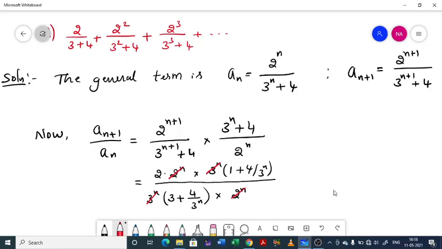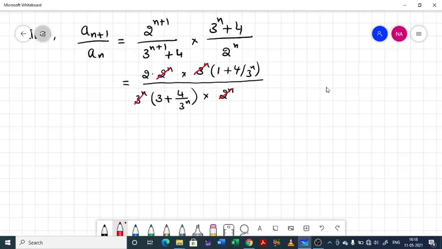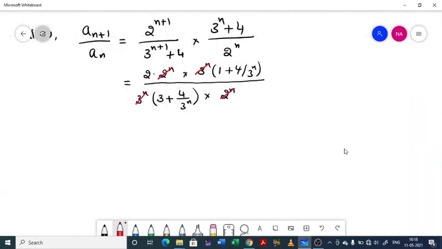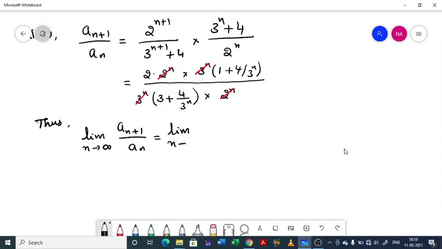Now take limit as n tends to infinity. So limit as n tends to infinity, a n plus 1 divided by a n equal to limit as n tends to infinity.